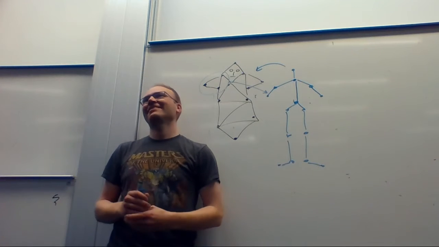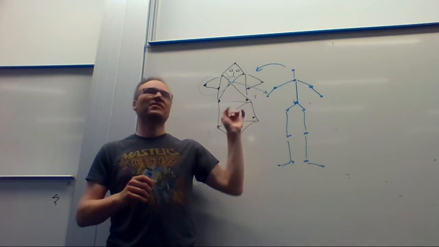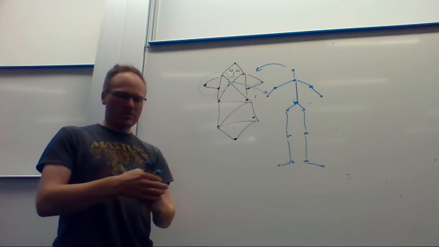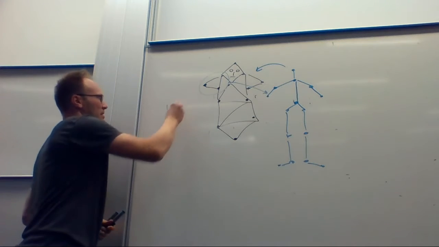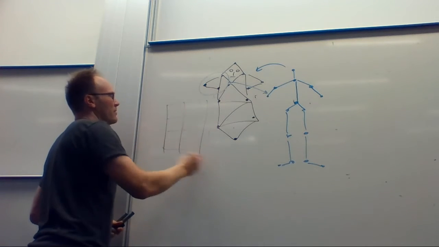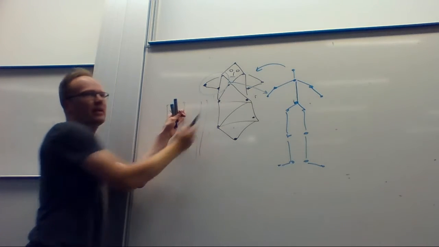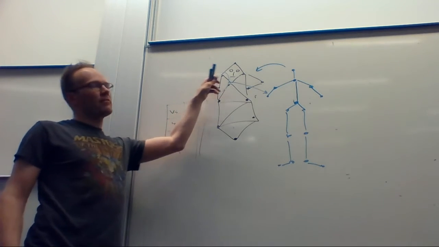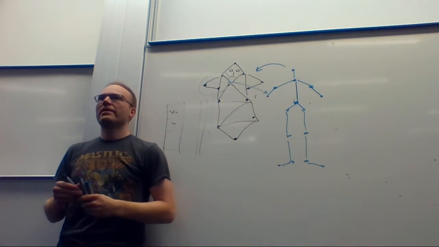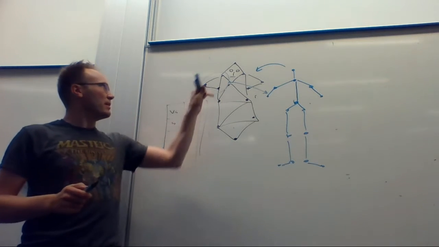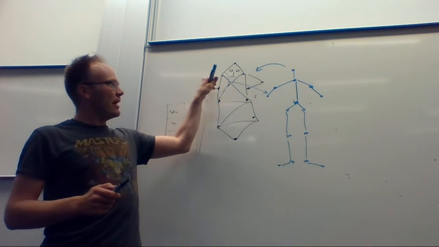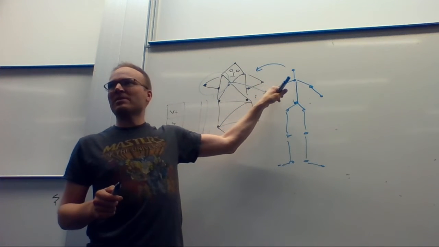You can also indicate weights for each of the vertices. So remember that table I mentioned before, like the vertex buffer, where you have the vertices. One of the columns in that table that can be stored along with each vertex could be the weight that that particular vertex has with regards to a specific bone.